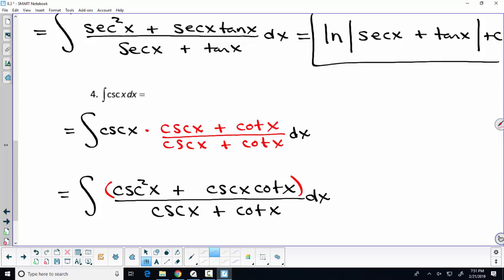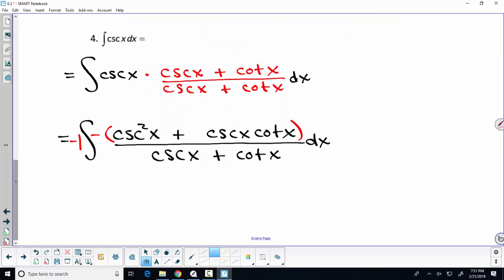So if we make that change, we have to have a -1 out here. We could have multiplied through by negative cosecant minus cotangent to get here as well. That's the idea.